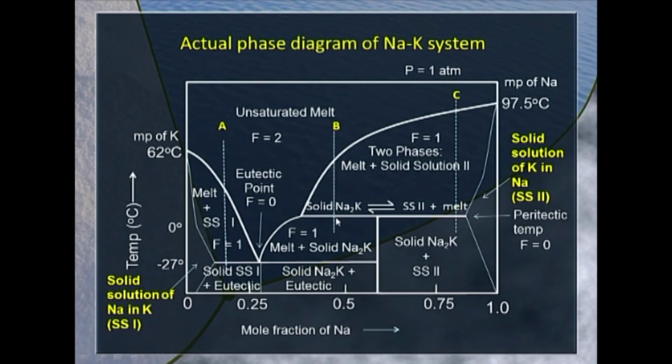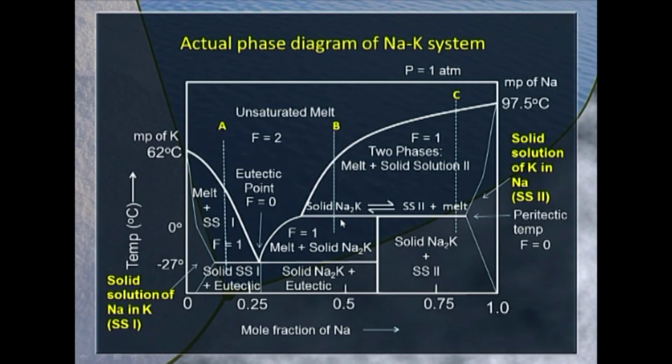The temperature gets arrested because we don't have any degree of freedom. F becomes 0. The overall composition is such that the solid solution 2 disappears from the scene, and we are left with the compound Na2K plus the molten mass.